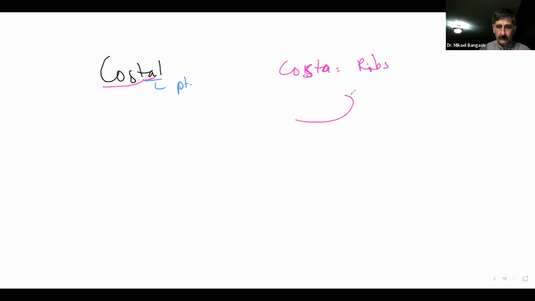So you say one rib, one costa. Now guys, let's say we just have a rib about this rib here, not on the other side.